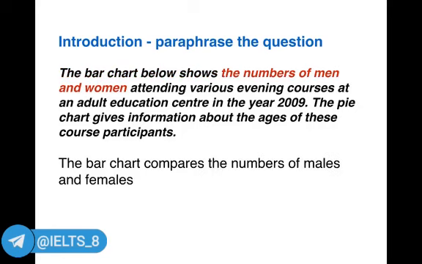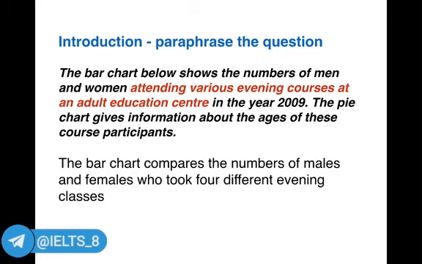Up to now, very small changes, but that's fine. Attending various evening courses at an adult education centre. I've put who took 4 different evening classes. So instead of attending, I've put who took, and I've missed the part about adult education centre. We don't really need that. And I've put evening classes instead of courses.